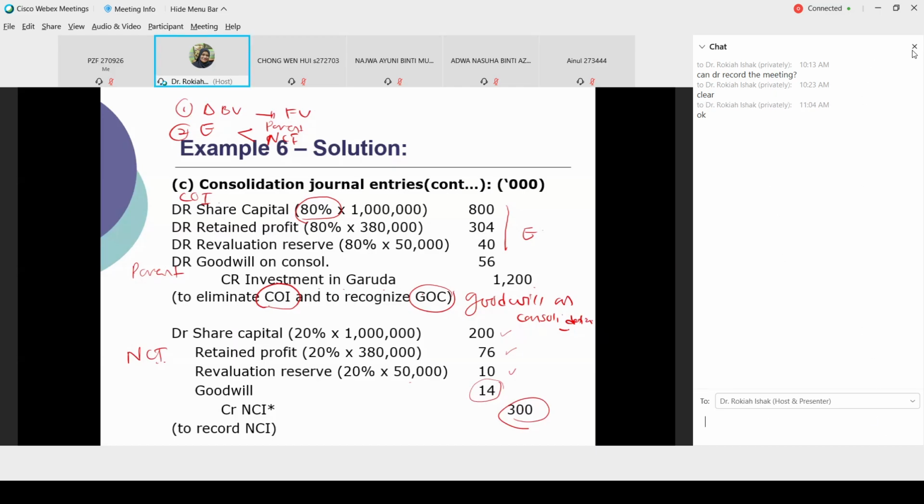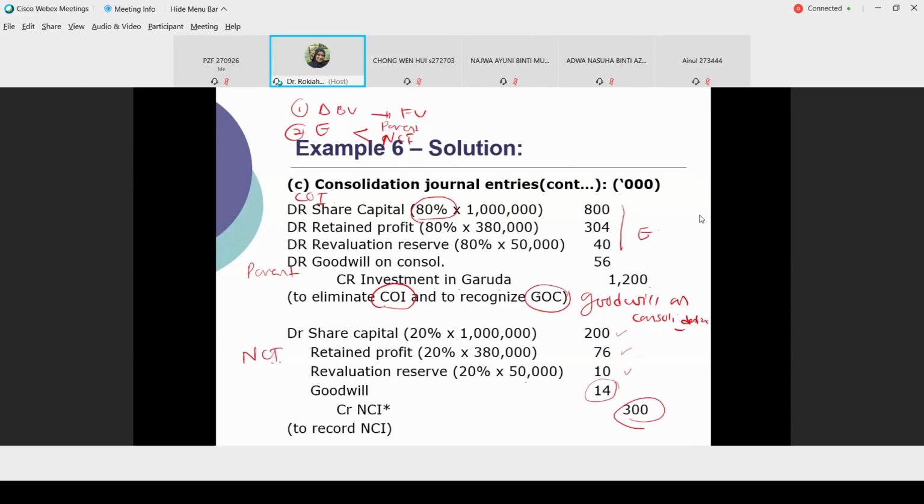Okay, so clear about this one. The rest okay? So you understand about this one? Okay, I still cannot remember some of it, just a few of you in this class. Okay, so we proceed to the next one.